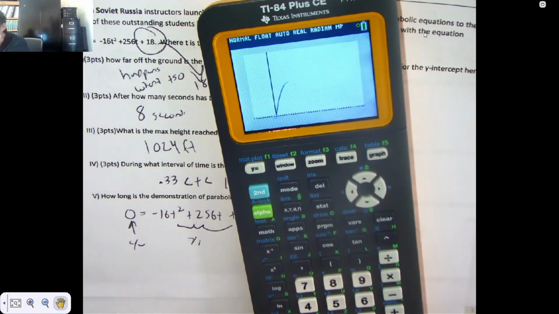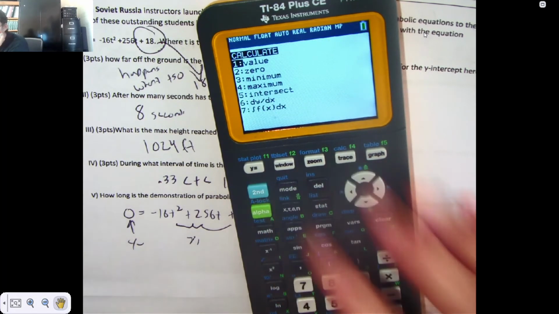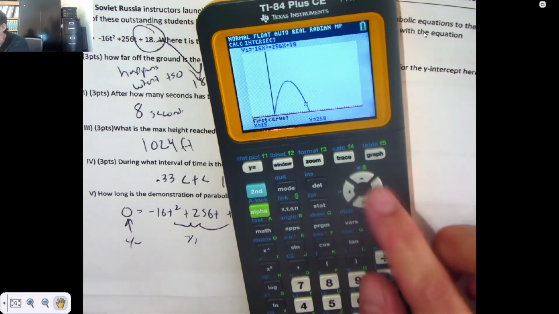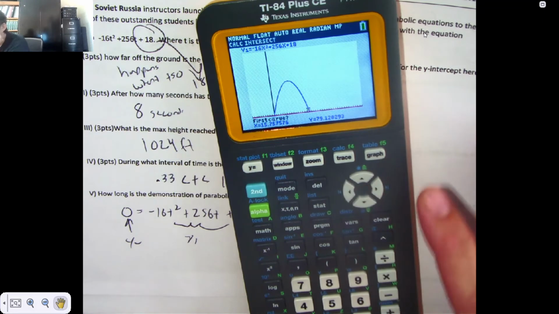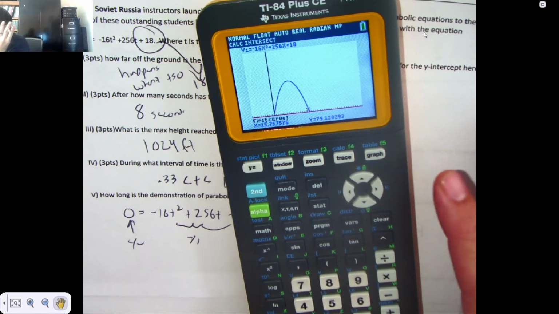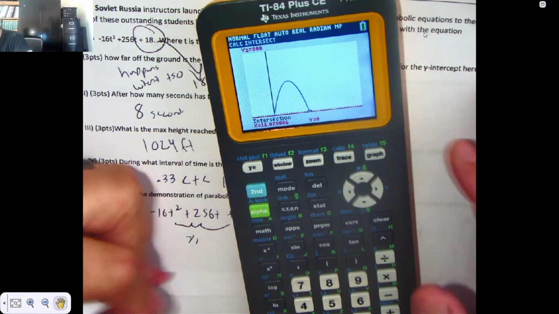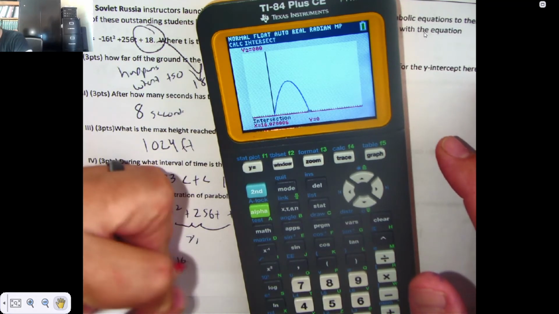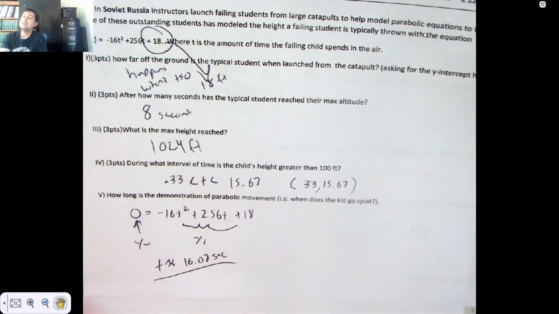Hit the graph key, because your window's already perfect. And hit second trace 5 for intersect. Obviously it's going to be the right answer, not the left answer. Get your cursor close, press enter once, twice, thrice. 16.07 seconds, roughly. And that kid is done. So there's that one.